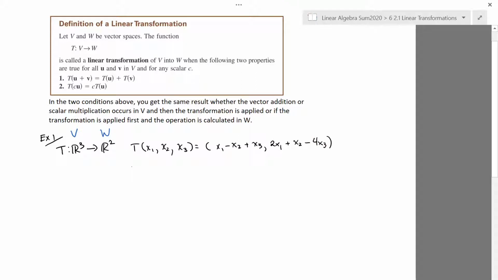So first, if I want to verify condition 1, right? So we take u and v to be arbitrary elements in V. Let's call it u1, u2, u3.